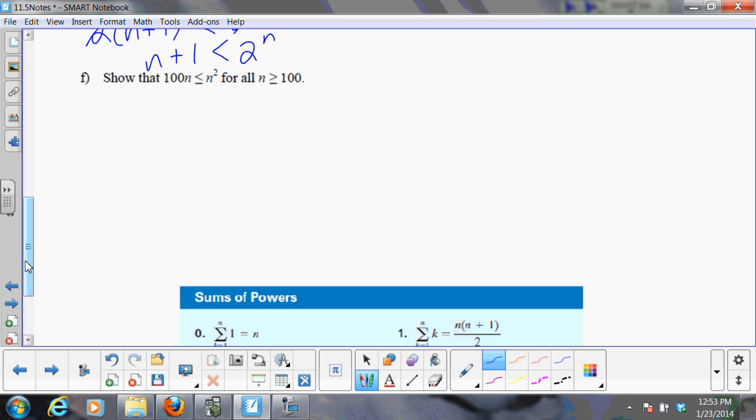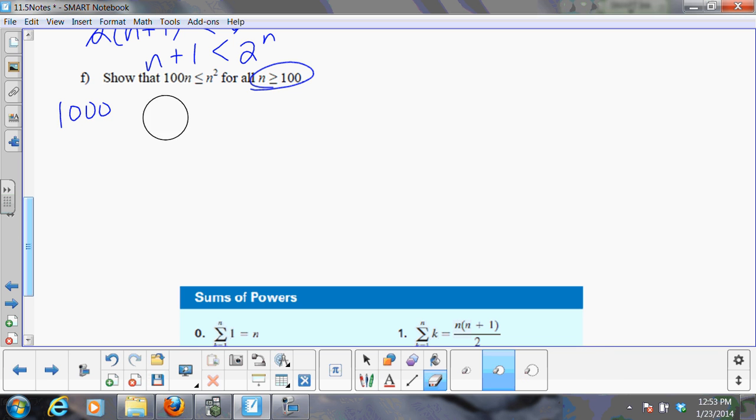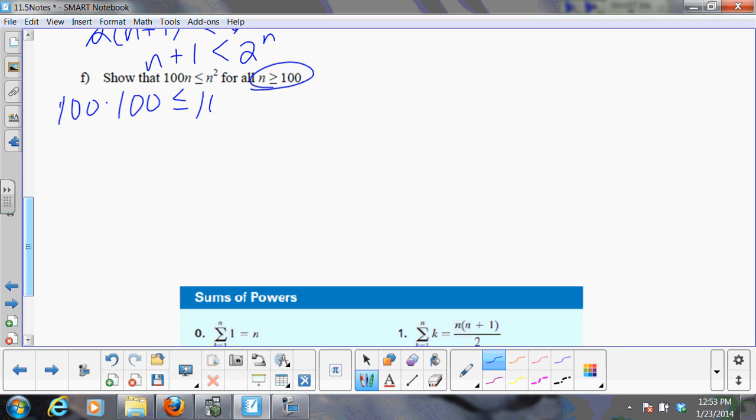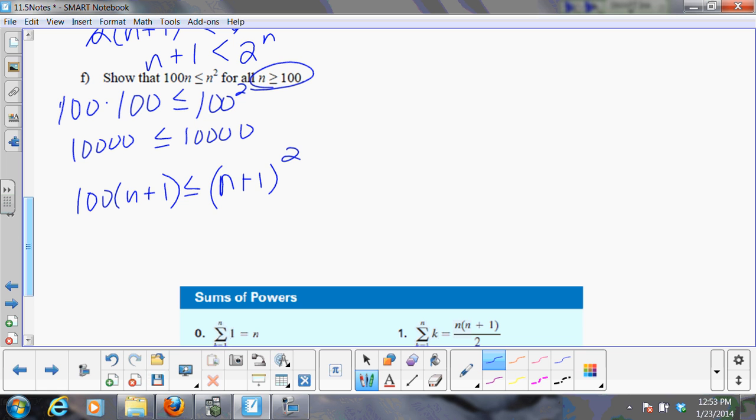All right, so now we have a condition of 100. Oh, 1 too many zeros. This is 1, 2, 3, 4. They're equal. So now I'm going to plug n plus 1s in. So you get 100n plus 100, n squared plus 2n plus 1.